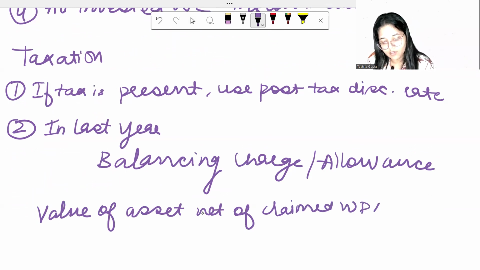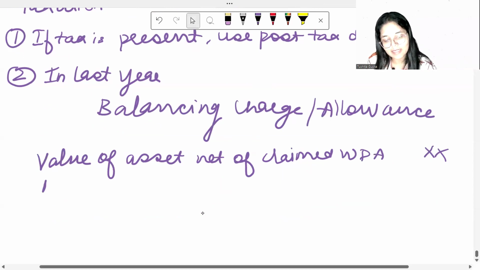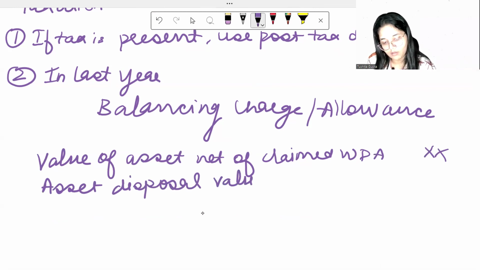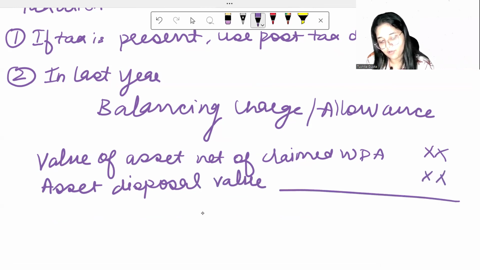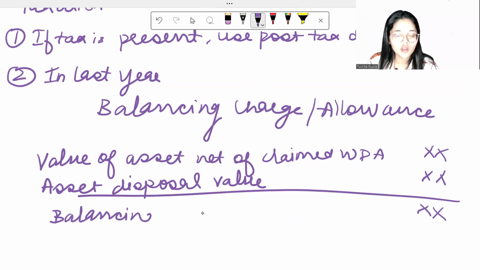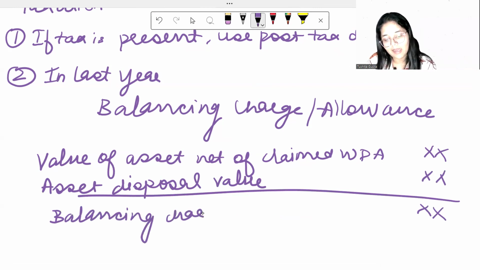So you have the book value after depreciation has been claimed, and then you take the asset disposal value. And then you compare both, you find out the difference between the two, and the difference is either going to give you a balancing charge or a balancing allowance.